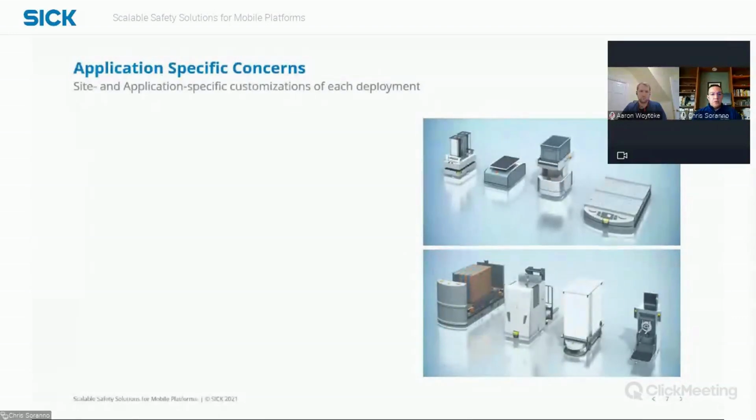So we know when mobile platforms are deployed, there's not just the consideration of the manufacturer who's putting the machine on the shelf with a part number for people to buy and use it, but there's site-specific customizations, there's application requirements that makes each and every deployment unique.